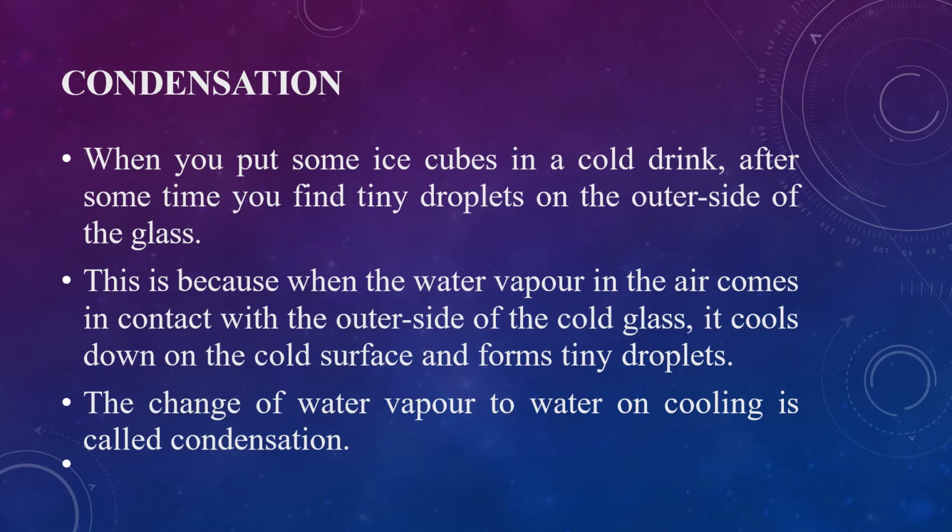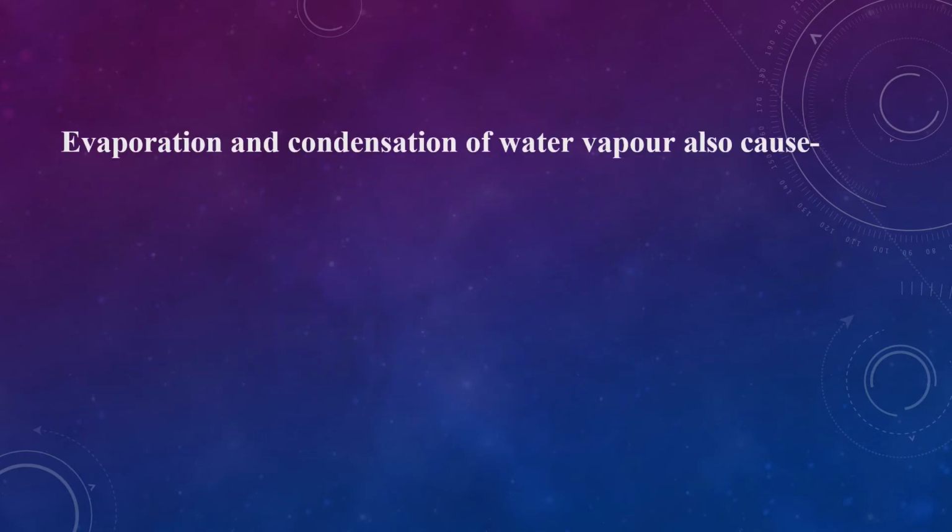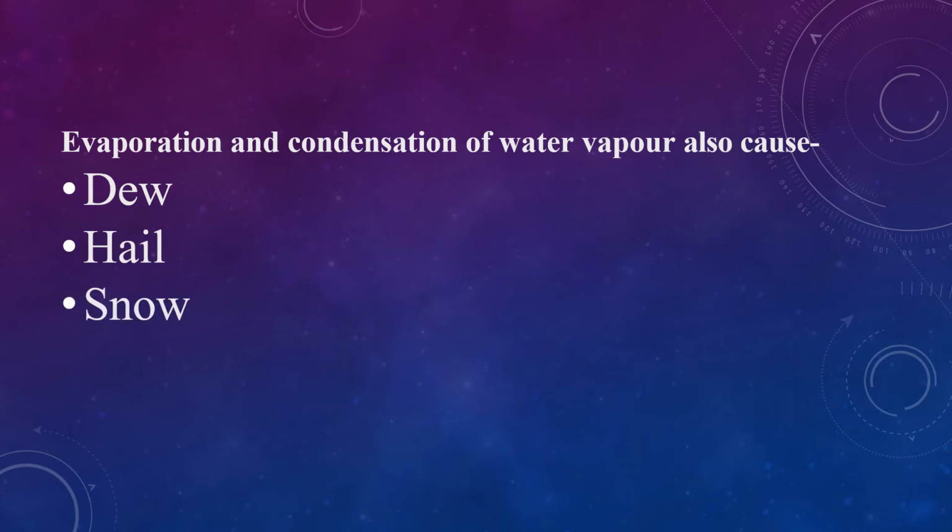So you can say it is opposite of evaporation. Evaporation and condensation of water vapor also cause dew, hail, snow and fog. Children, we are going to study about all these things one by one.